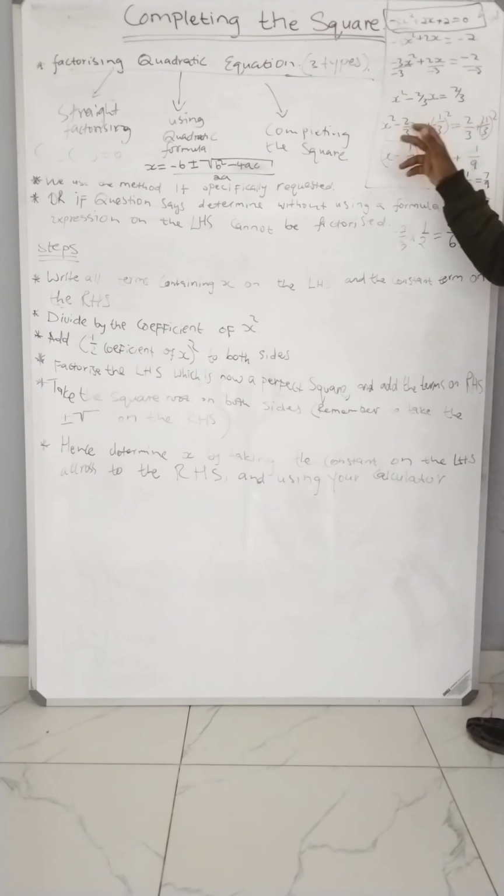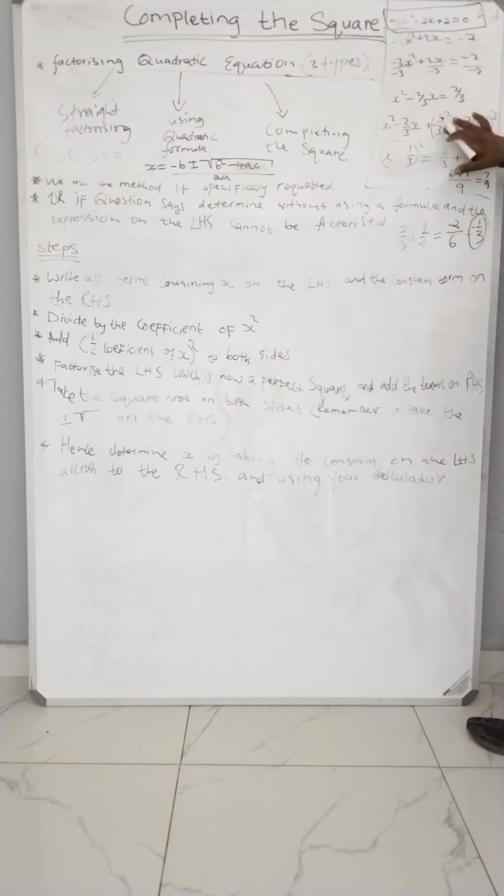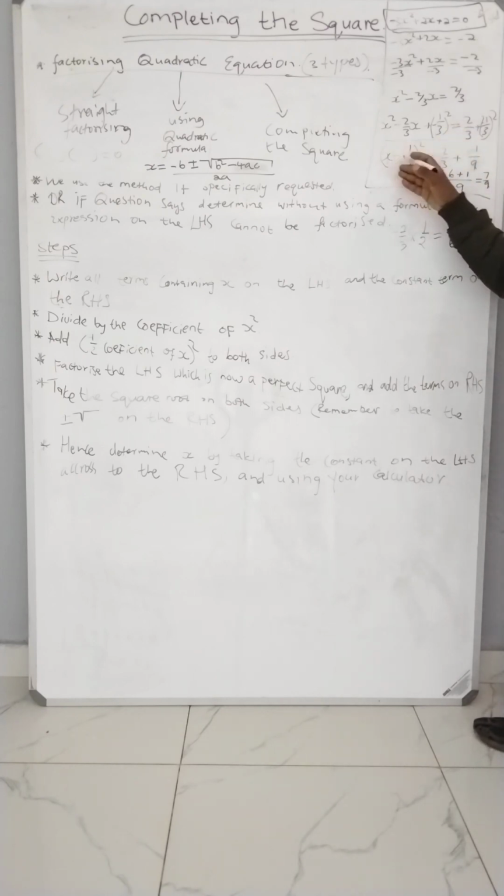Because you have negative here, you're going to have a negative here, so that you can have a negative term there, and then you have a positive there, so this times negative is going to give you a positive. Whatever comes out of a square root, it comes out as positive, so don't worry much about that negative, it's going to disappear. Okay, so now you factorize this side, it becomes x minus 1 over 3 squared.